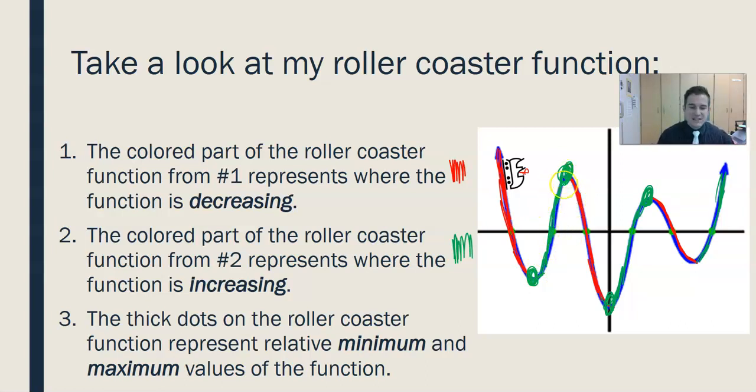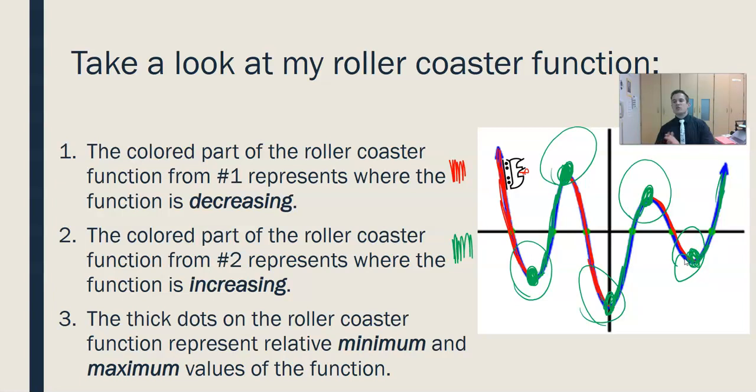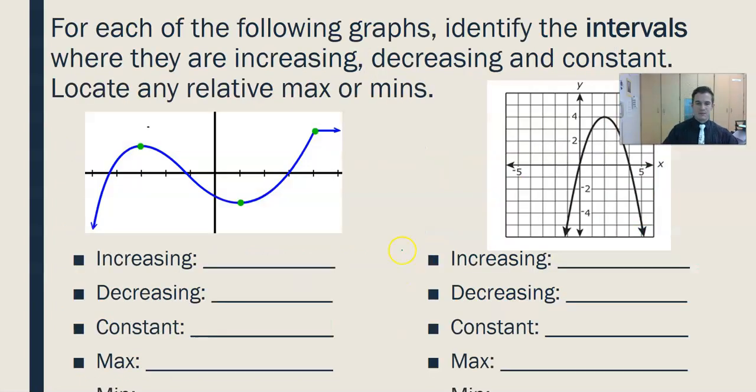And then these thick dots on the roller coaster represent relative minimum and maximum values of the function. So these little peaks or these little valleys, these little mountains, these little dips, those represent maximums and minimums. I forgot to mark this dot over here. Minimums of this function. So we're going to use this roller coaster to look at a bunch of different graphs that represent these different functions and identify where those functions are increasing, decreasing, and recognize their maximums and their minimums.